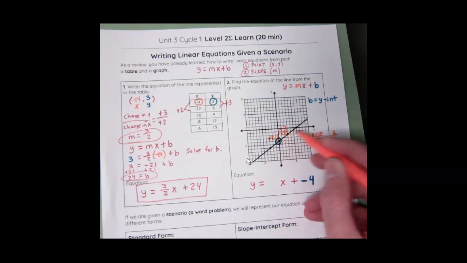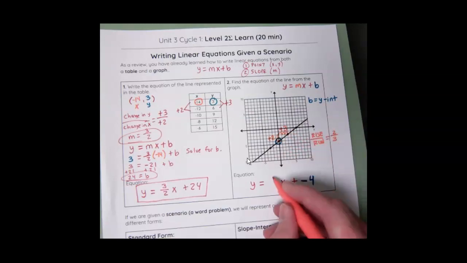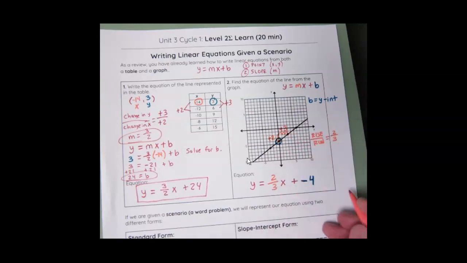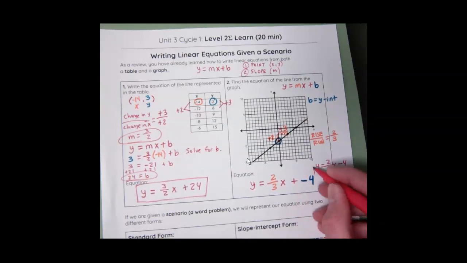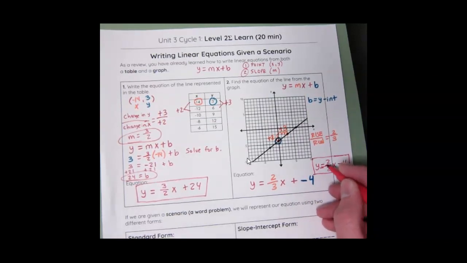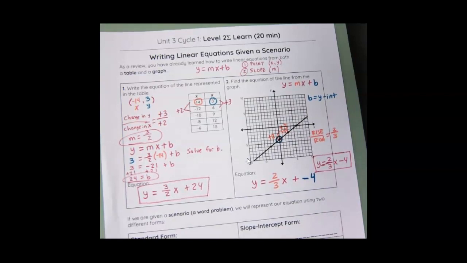To the right 3 is a positive number as well. So my slope would be 2 over 3. Now I don't really need to write it that way. My final answer could simply be y equals 2/3 x minus 4, because it's plus and a negative, the negative takes over. That is how you find the equation from a graph.